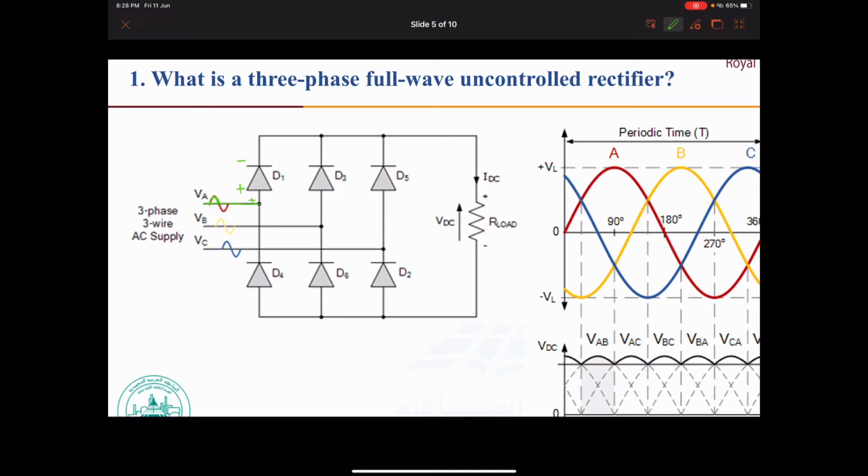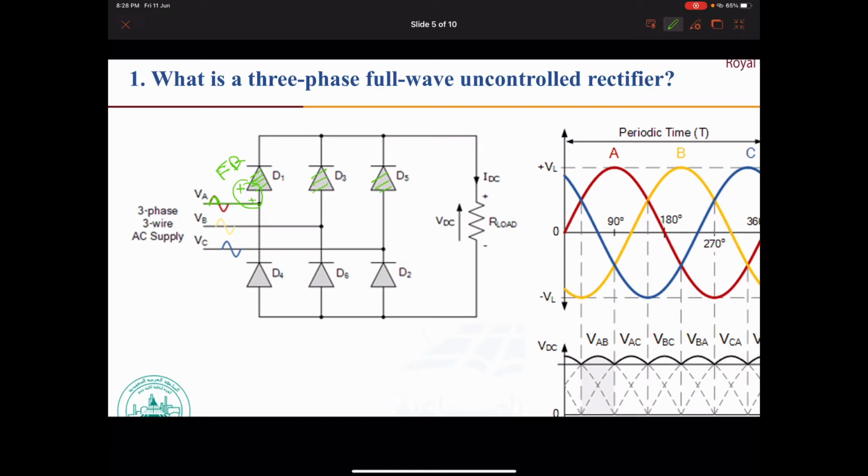Then if they have the same charge here, it will be forward bias and the diode is going to conduct, so it will allow the current to move. So D1 and D3 and D5 are conducting when the positive cycle is there.